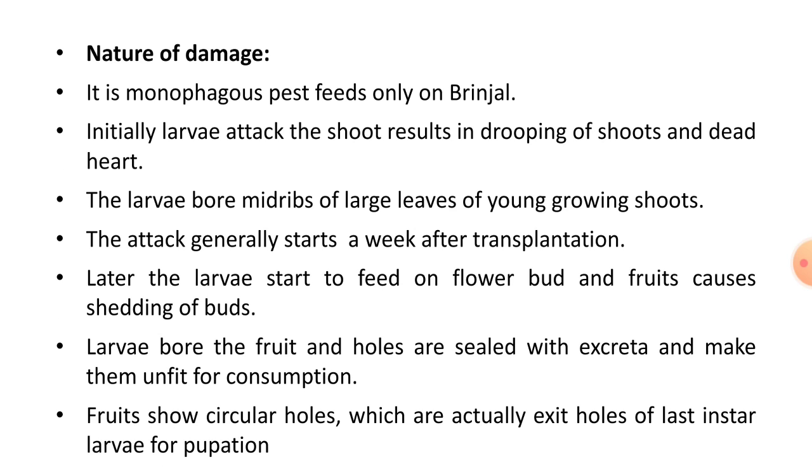The attack generally starts a week after transplantation. Later, the larvae start to feed on flower buds and fruits, causing shedding of buds. Larvae bore the fruits, and holes are sealed with excreta and make them unfit for consumption. Fruit show circular holes which are actually exit holes of last instar larvae for pupation. So this is the nature of damage.